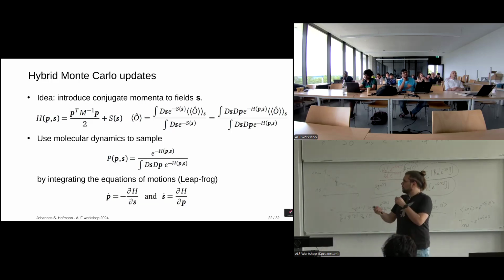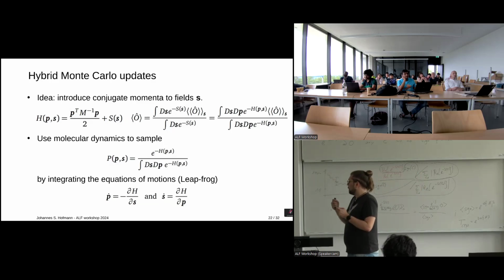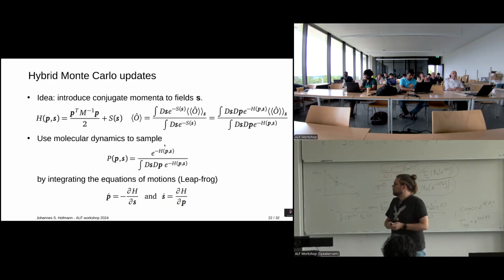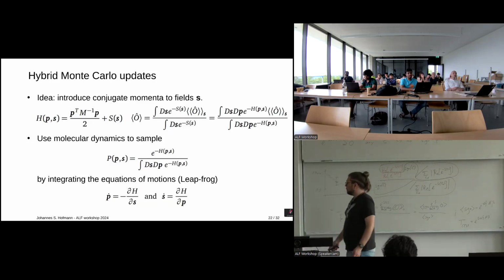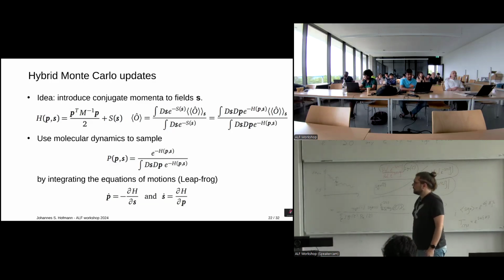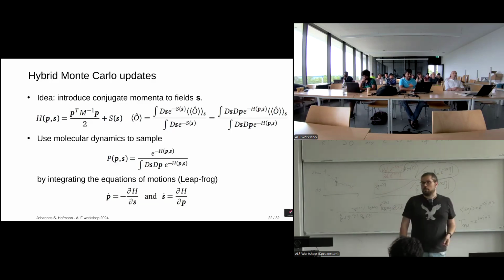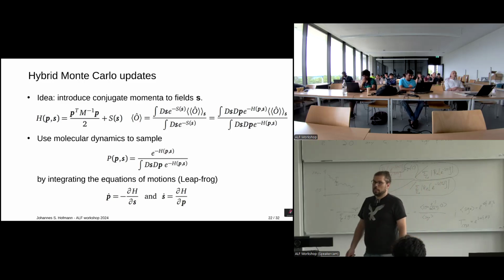As long as we preserve the energy of this artificial Hamiltonian, we can generate updates for this auxiliary field, where in general we can change every field at the same time. And as long as we preserve the energy, this would be a global update with acceptance rate 1. But you can also have trouble if there are, say, domain walls again, because of divergent forces.